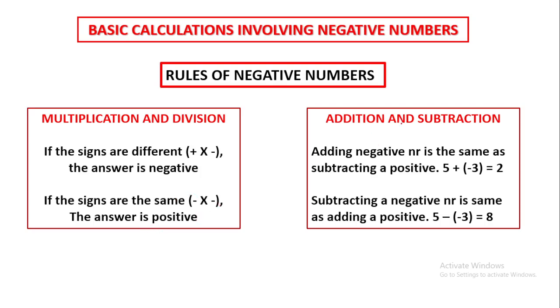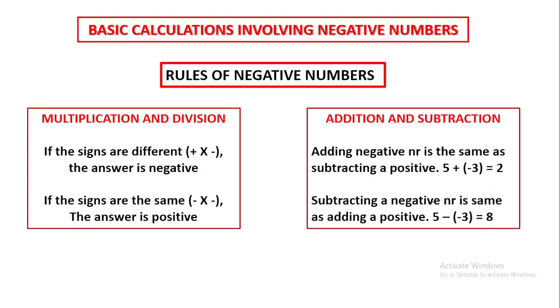In terms of addition and subtraction, adding a negative number is the same as subtracting a positive number. Depending on which one is bigger, if the positive number is bigger than the negative number, expect the final answer to be positive. And if the negative number is bigger than the positive number, expect the final amount to be negative. So these are the mathematics rules behind negative numbers.